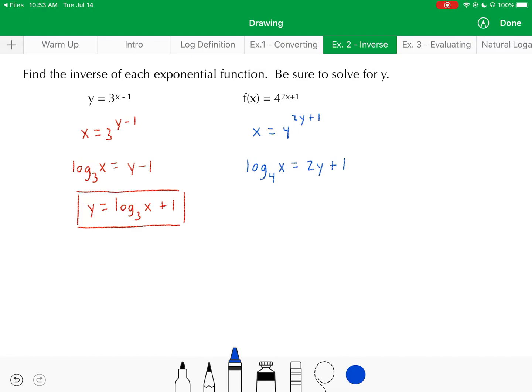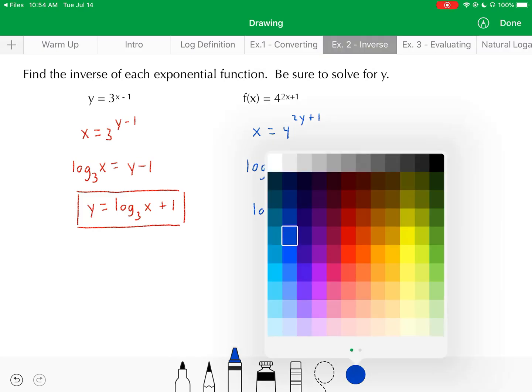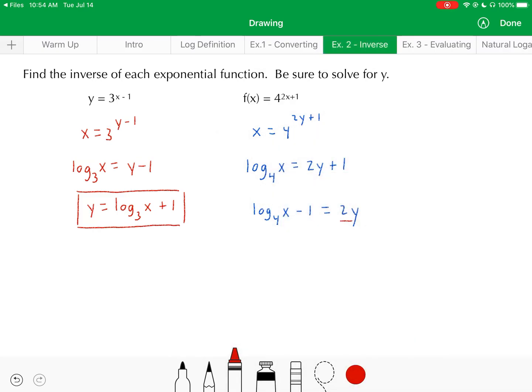All right, and then I'm going to subtract 1 from both sides. That's going to take me to log base 4 of x minus 1 is equal to 2y. And then I'm going to divide both sides by 2. And I'm going to write this in a special way here.